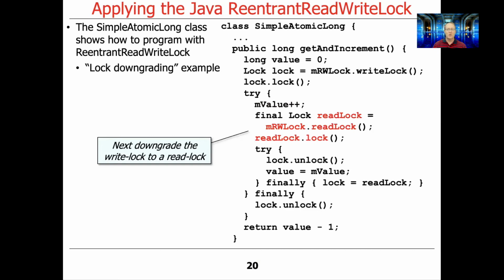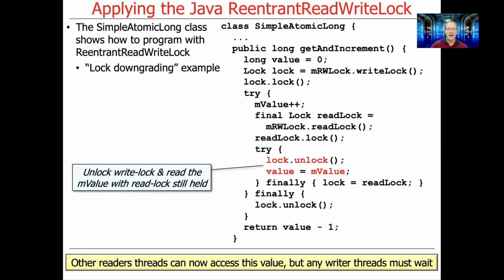And now we're going to go ahead and get a read lock. What this is going to do is downgrade the write lock to a read lock. With that lock, we're going to go ahead and unlock the write lock, and read the value with the read lock still held.